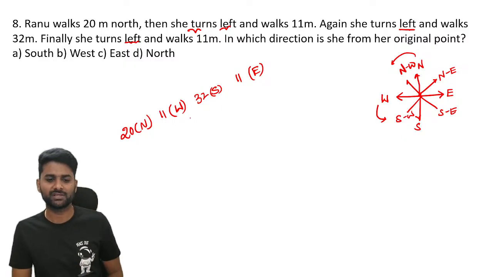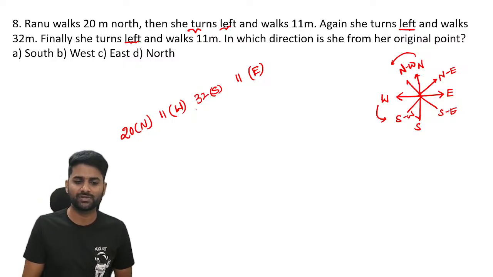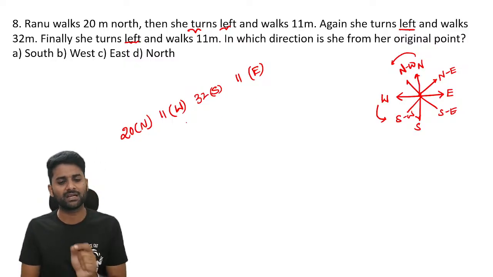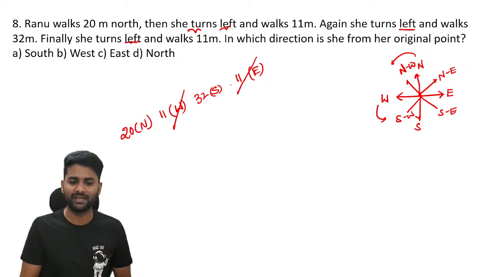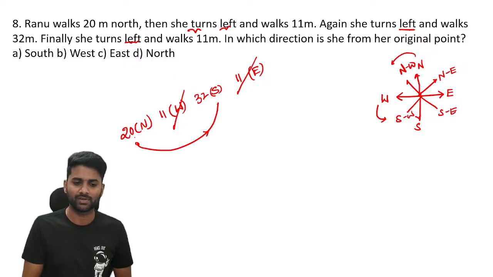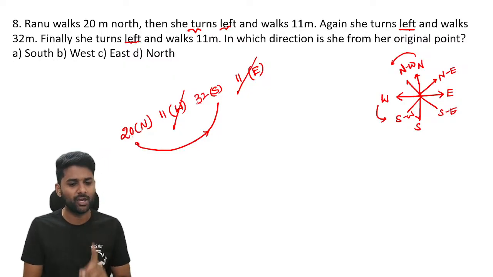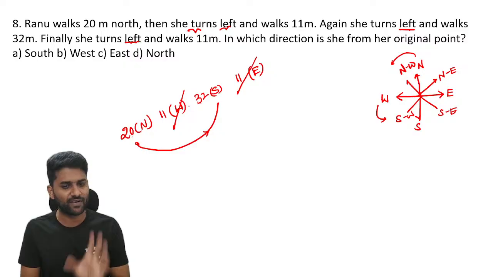I told you in the last session, if you see any opposite directions, then the resultant of those numbers is the difference. So 11 west and 11 east, both are cancelled. Now the question: in which direction is she from the original point? Here 20 north and 32 south. For any opposite directions, just find the difference.